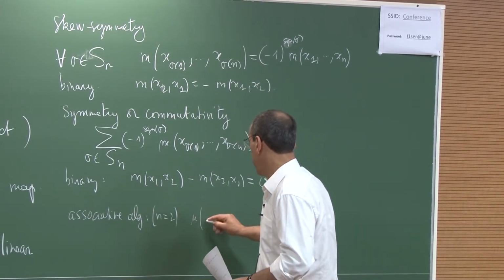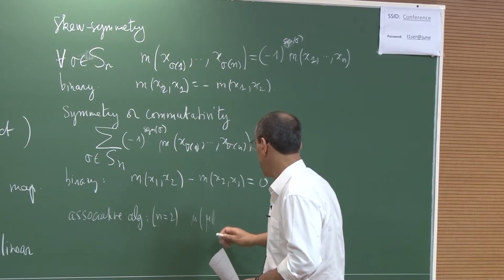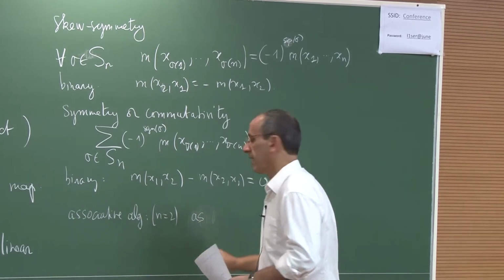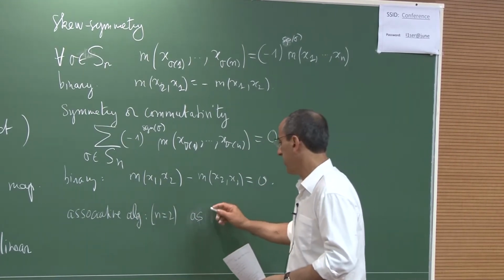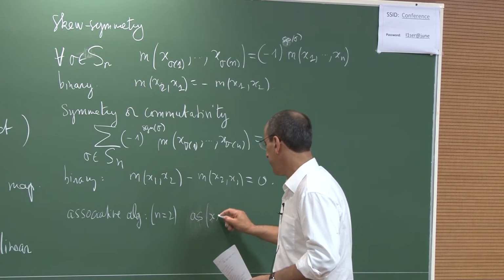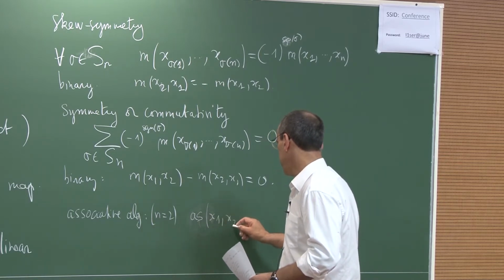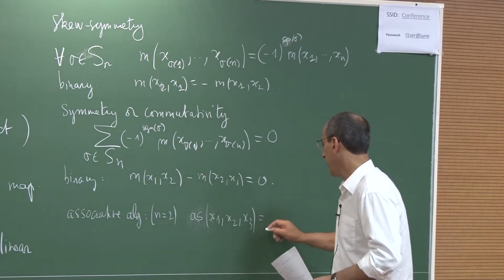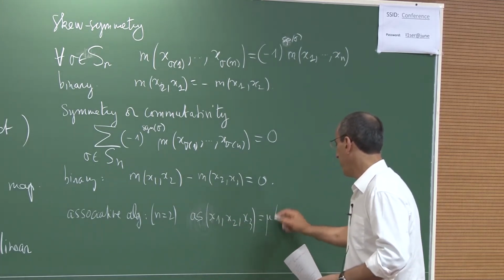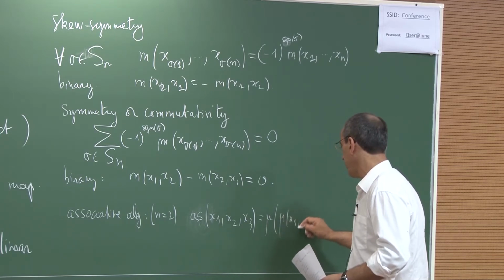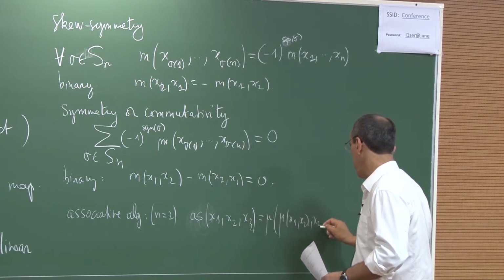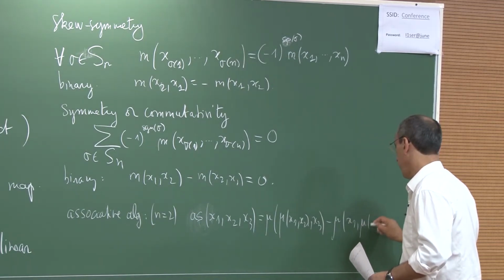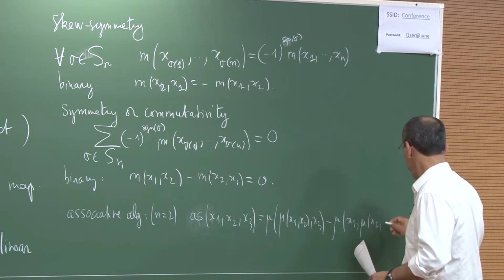Let me introduce the associator. The associator is a trilinear map which applies to three elements x1, x2, x3, and is mu of mu of x1, x2, x3 minus mu of x1, mu of x2, x3.